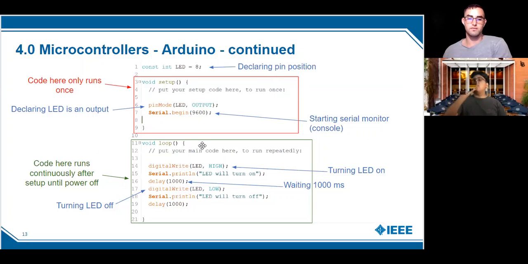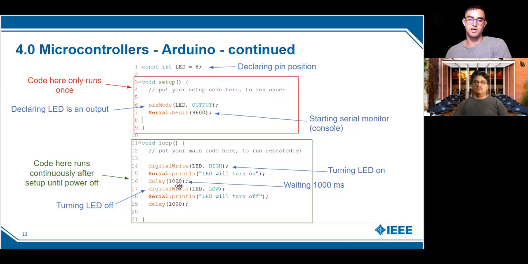And then down here we have void loop. This is where you put your main code. This code is going to run repeatedly, like a loop function in C or C++ code. As you can see here, the code runs until the board turns off. So in line 14, just for example, we have digitalWrite LED HIGH. So this is telling the board that the LED is going to be in the high condition, and then Serial.print says the LED will turn on if that is true.